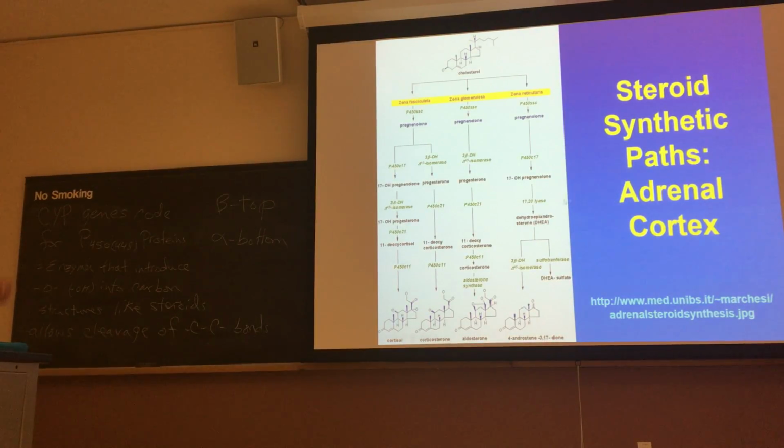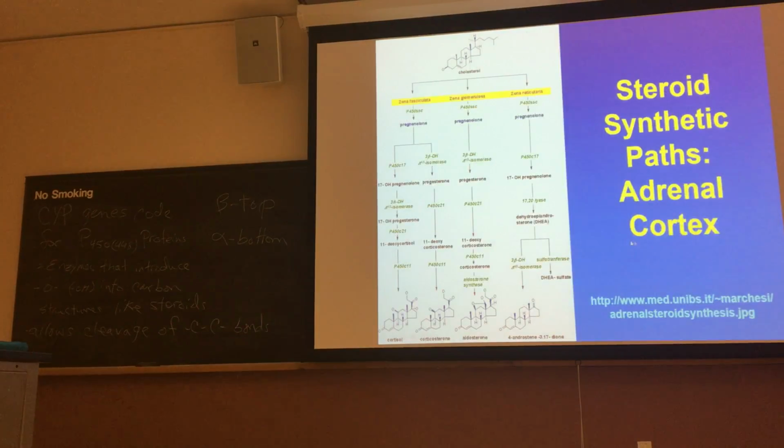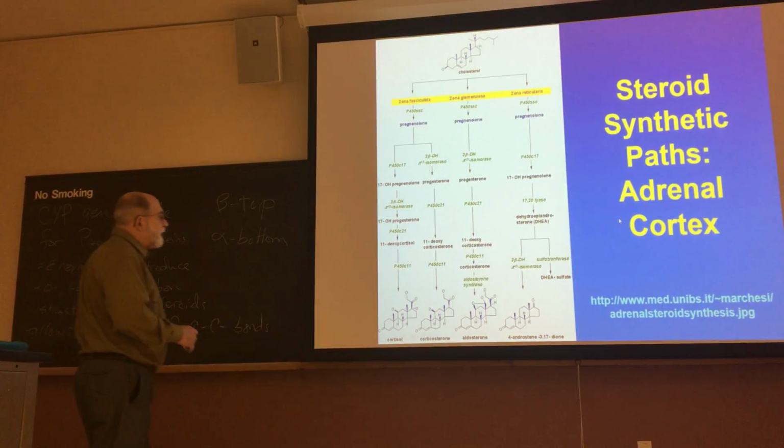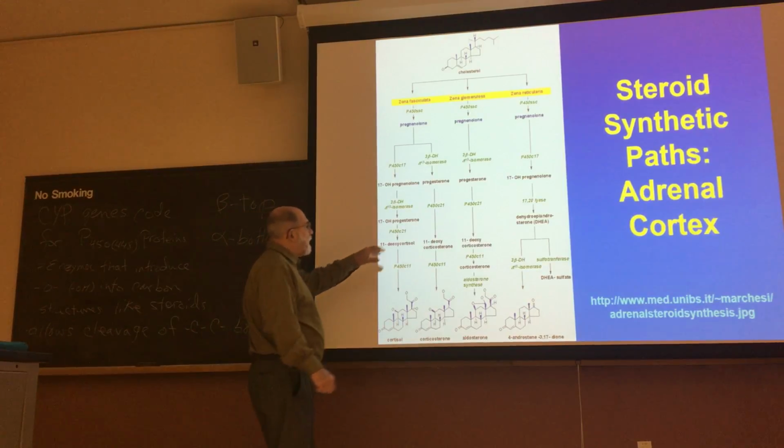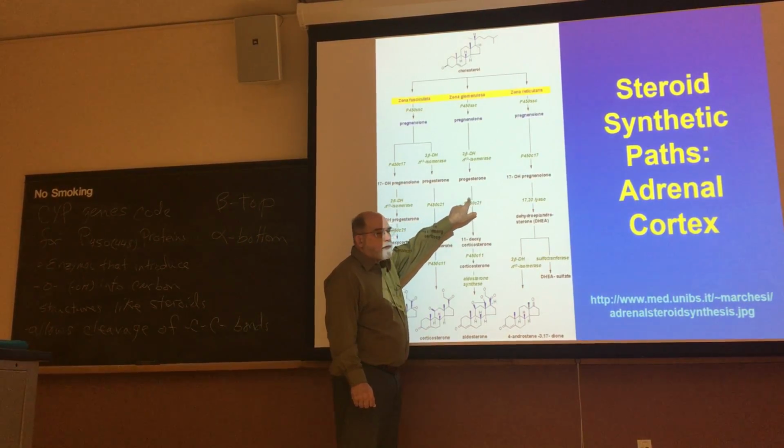This is showing you the paths specific to the adrenal cortex. So the other one was showing you, where were we? Previous. The other one was concentrating on the Leydig cells in the ovary. Now, let me go to this next one. What might happen if this enzyme were faulty?